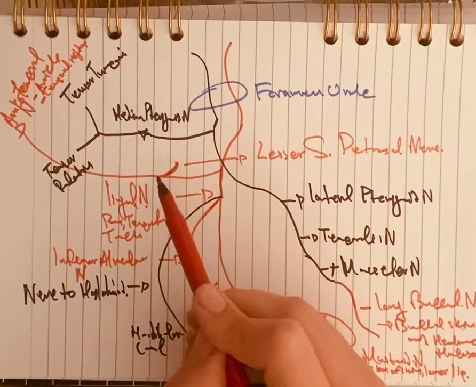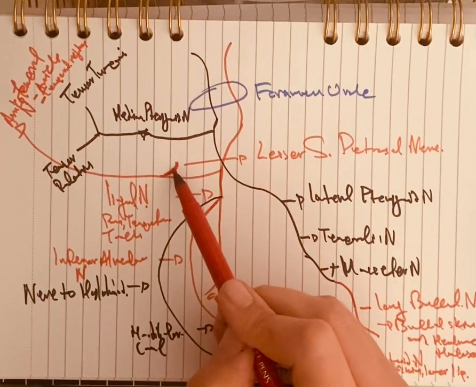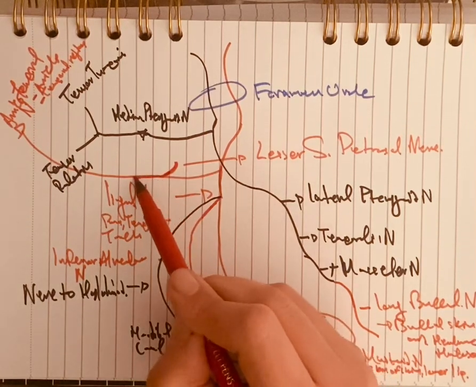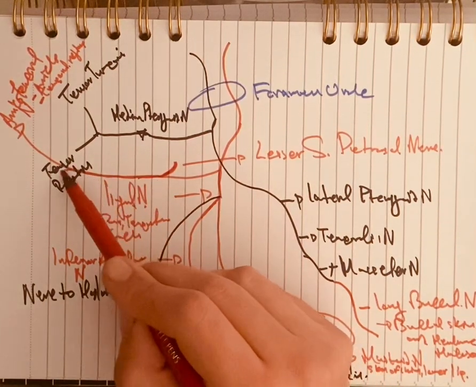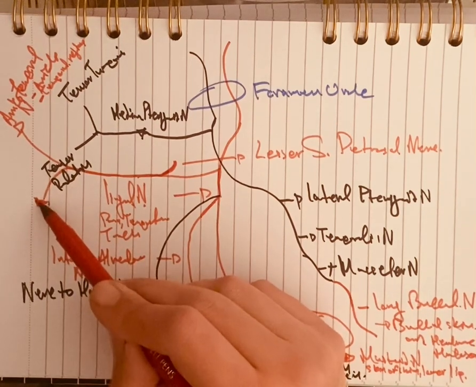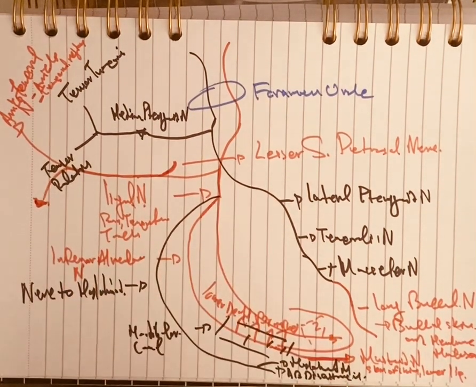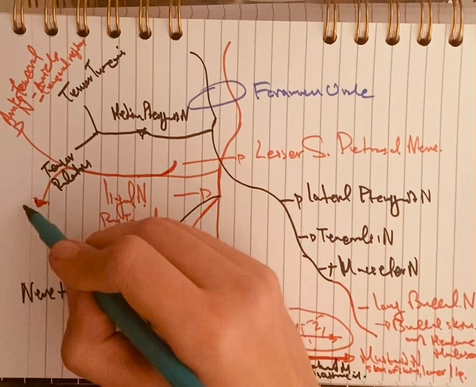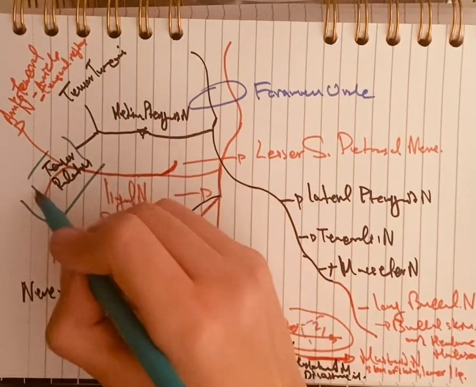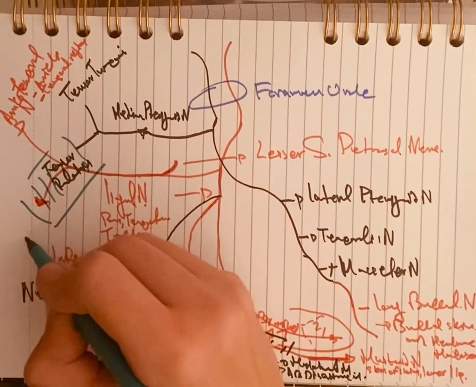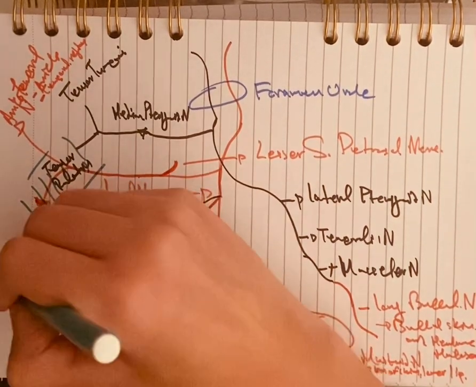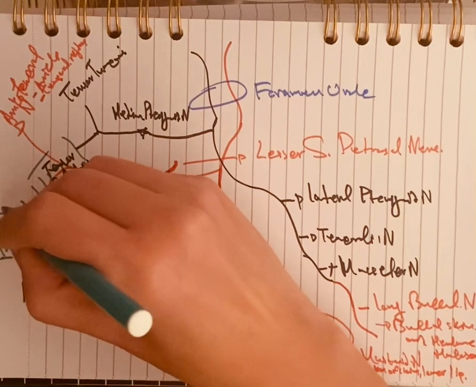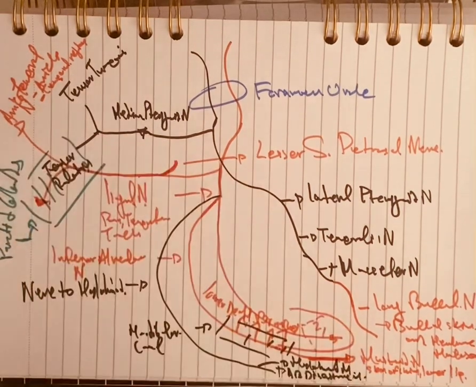and comes to the auriculotemporal nerve and is carried by it in order to innervate, guess what? Let me change the color here. The parotid glands.